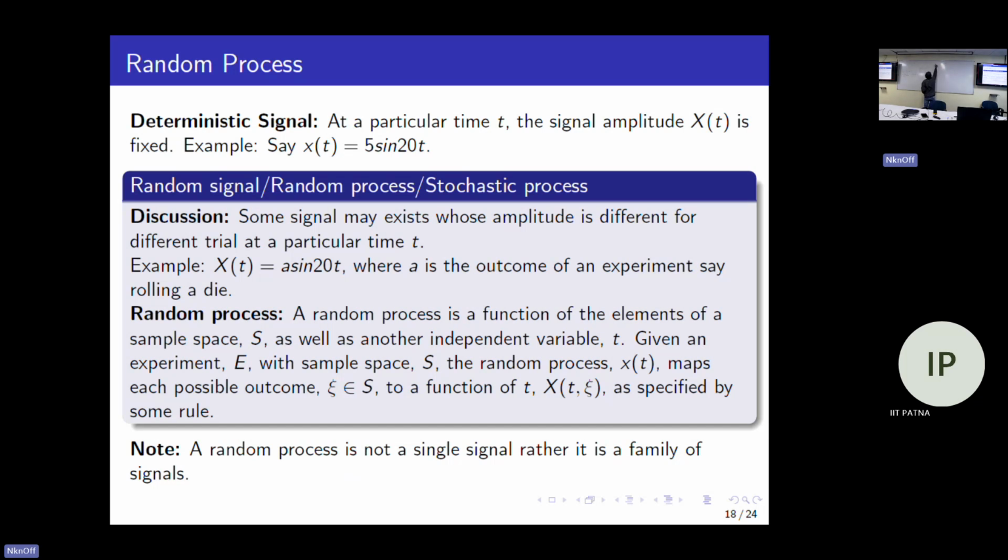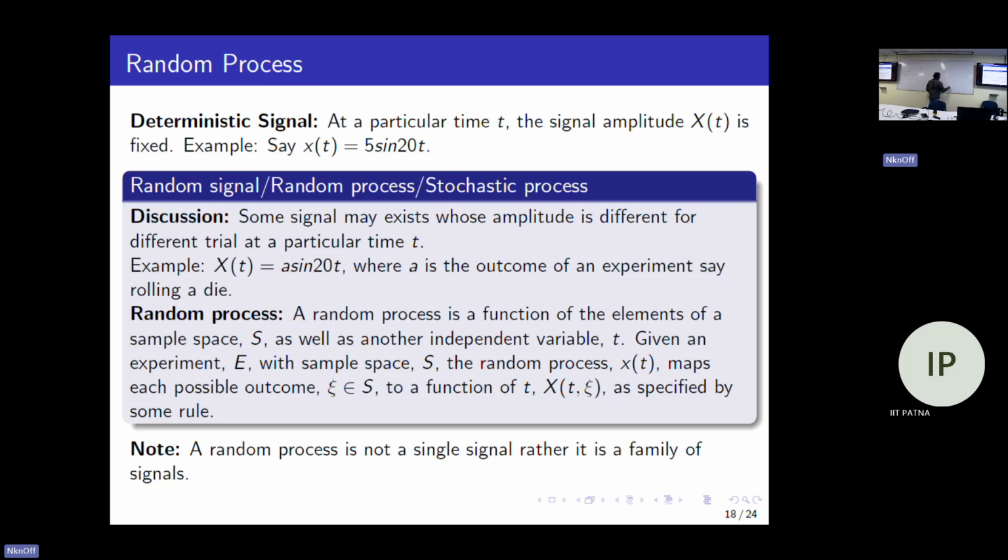Let's say zeta 1 comes, then the signal is, let's say, like this. Then zeta 2 comes, then x(t, zeta 2), and the signal is different. Similarly it comes like this. Then zeta n, so the signals are x(t, zeta 1), x(t, zeta 2), and so on, x(t, zeta n), and that is t versus x.